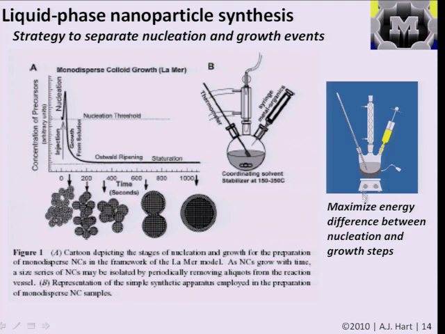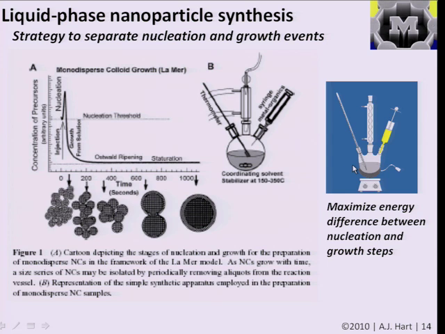So the idea of being able to control the temperature and being able to control the concentration of the solution are two ways that we can change the conditions of the process over time. And the graph here, I'm sorry it's a bit blurry, is showing, for example, how the concentration of the precursors in the solution might vary versus time as this process proceeds.